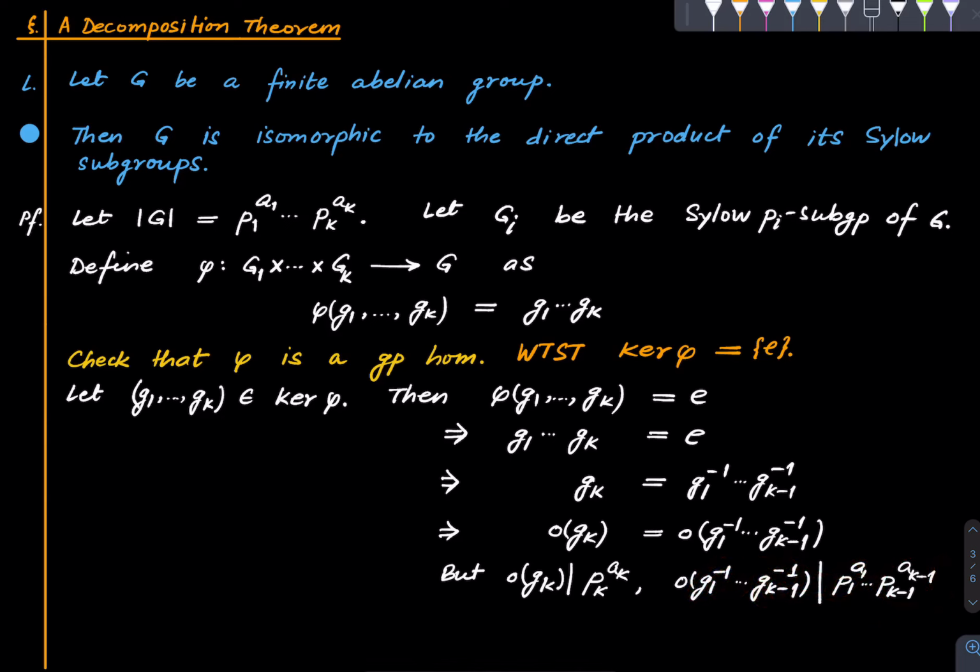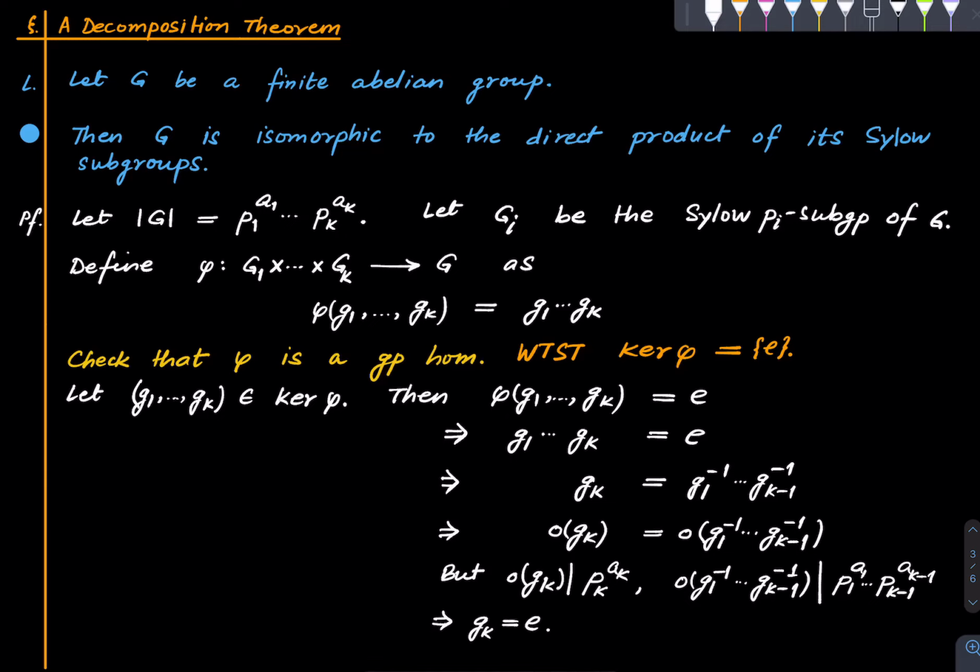Now, since the group is abelian, if we raise this element to this power, we will get the identity, and hence the order of this element divides that number. So abelianness is crucial for this implication. And since these two numbers are relatively prime, this forces that gk is identity.